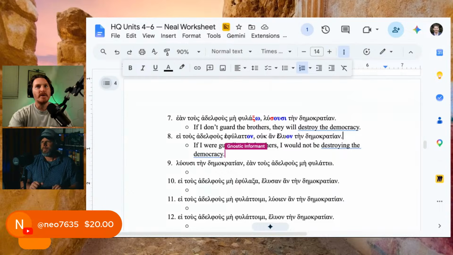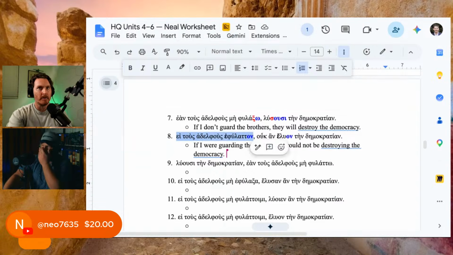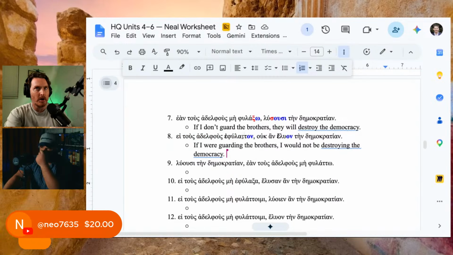And this is tricky because this could be I would not be destroying, but it also could be they would not be destroying. And since the whole context is revolving around these brothers that you were guarding, you would think that the brothers would be the antecedent of Eluon. And so here I think you would say they would not be, because the brothers have the power to destroy the democracy if you're not guarding them. So it doesn't really make sense for you to say, if I were guarding the brothers, then I wouldn't be destroying democracy.